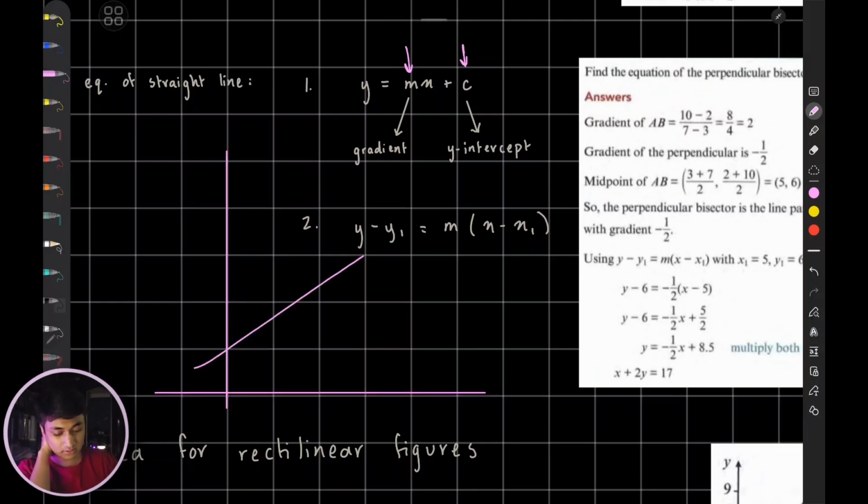Now, let's say you have a line, and consider these a and b to be your coordinates. What is this point going to be? This is going to be your good old y-intercept, right? So basically, when x is equal to 0, whenever the line cuts the y-axis, that is the y-intercept.